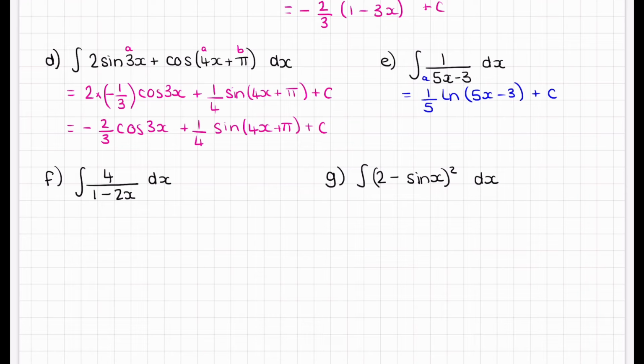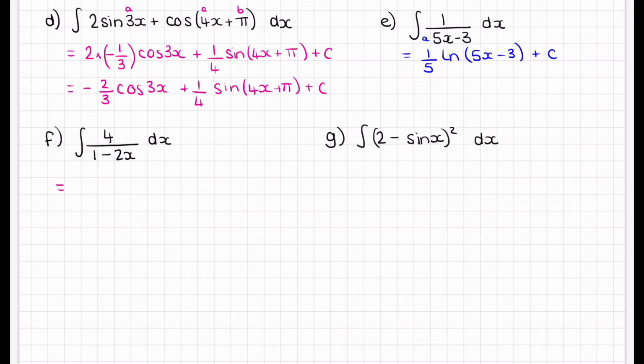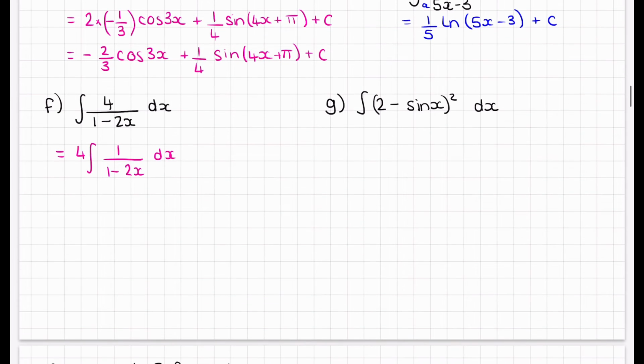F, the integral of 4 over 1 minus 2x dx. This one, remember, if we wanted to, we can write it like this, as the 4 on the top is irrelevant and is just a number that we multiply at the end. And then we can do our integral, so it'll be 4 times 1 on a, which is the negative 2, because that's in front of the x.